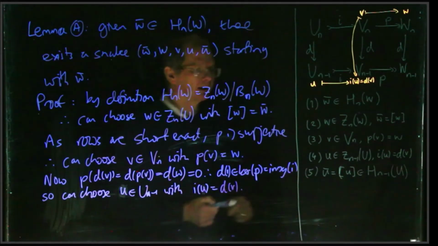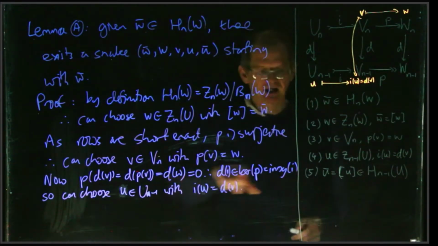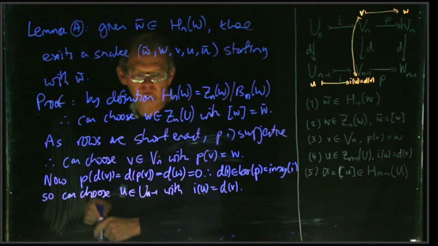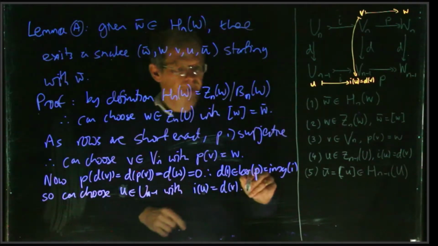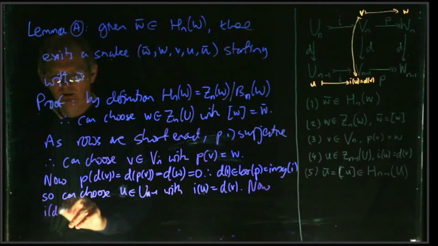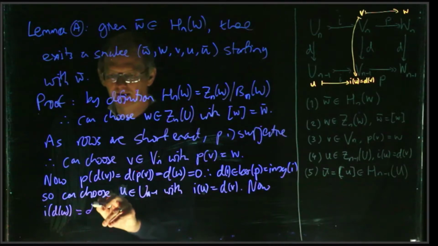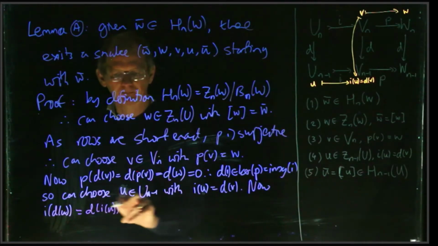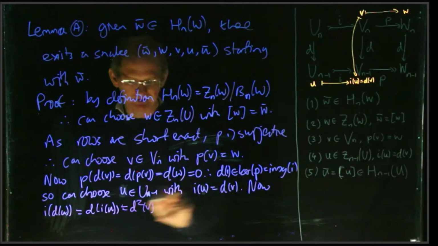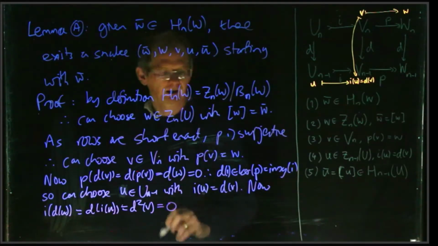And so that's almost what we said in part 4, except that we haven't checked that u has got to be in Z n minus 1. It's got to be a cycle, so du has got to be 0. So let's check. Well, i of d of u, that's d of i of u because i is a chain map, which is d squared of v, because i of u is dv. So substituting that, we see that's d squared v, but d squared is 0, so that's just 0.